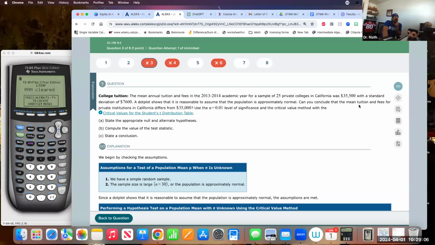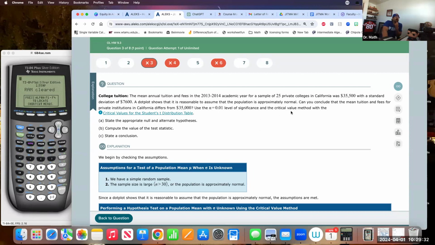Can you conclude that the mean tuition and fees for private institutions in California differs from $35,000? All right, we're going to use a level of significance of alpha is 0.01 here.